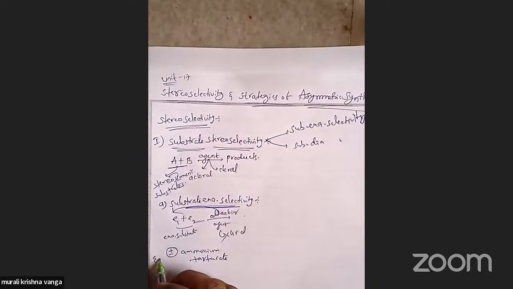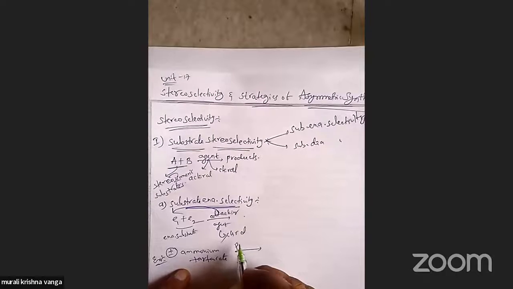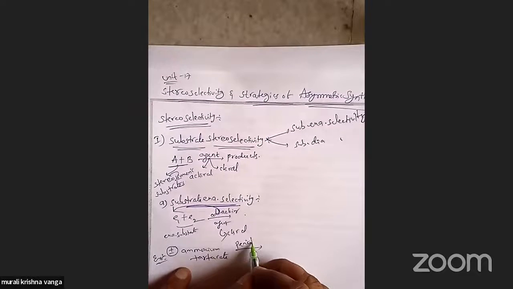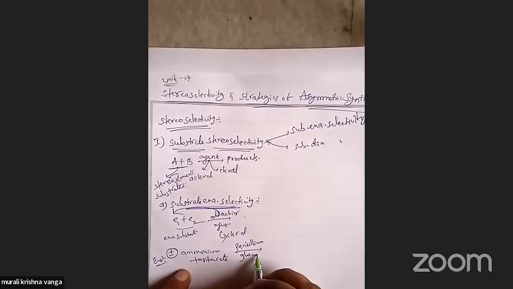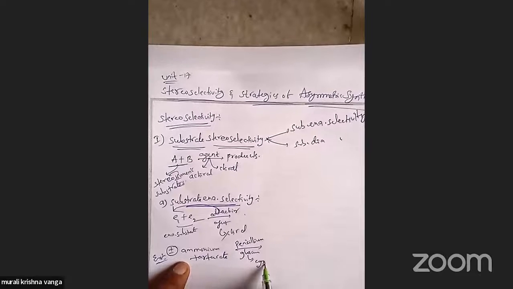Okay. The best example is plus or minus ammonium tartrate. These ammonium tartrates are enantiomers, and the attacking agent is Penicillium glaucum. This enzyme, like all enzymes, is considered chiral.